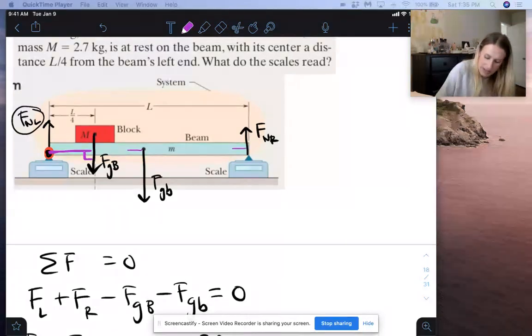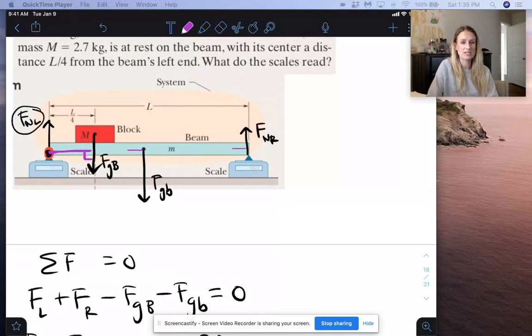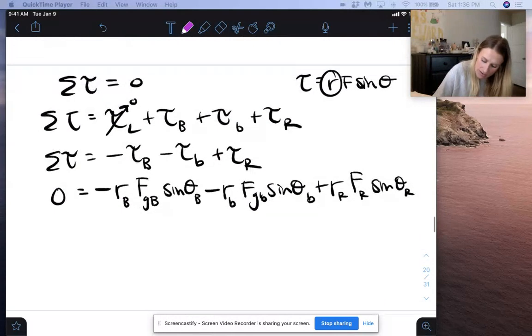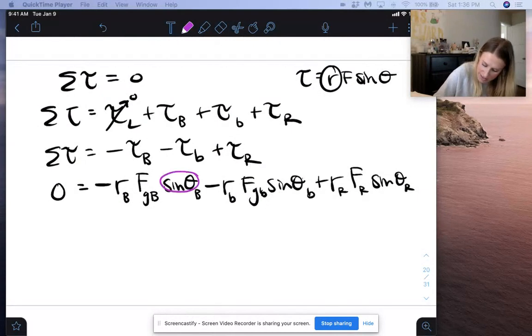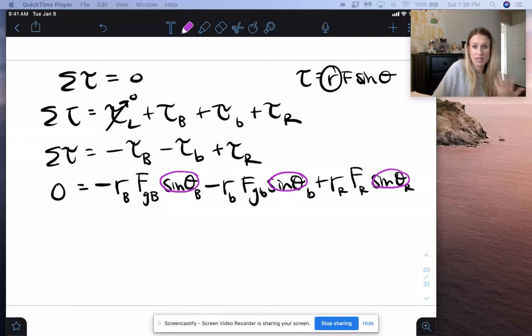That distance between the axis of rotation to the force, that's our moment arm. And the angle between the moment arm and the force is 90 degrees for every single one. So because of that, sine of this angle, sine of this angle, sine of this angle, all end up being 1 because all of those angles are 90 degrees in this case.